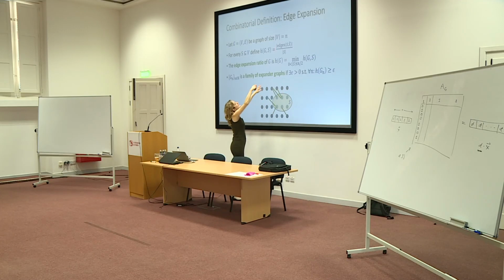This is equivalent to going over all the cuts in the graph, considering the number of edges going across the cut, and scaling it by the smaller side. That's exactly what this is. Okay, thanks.